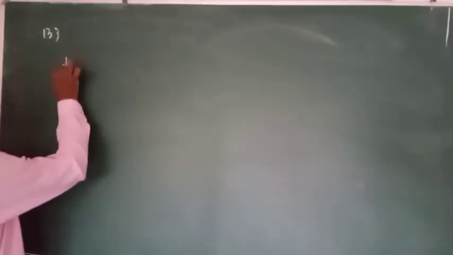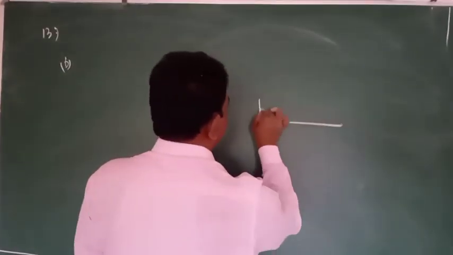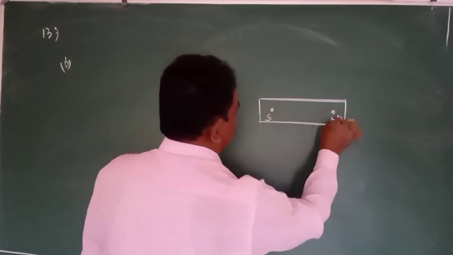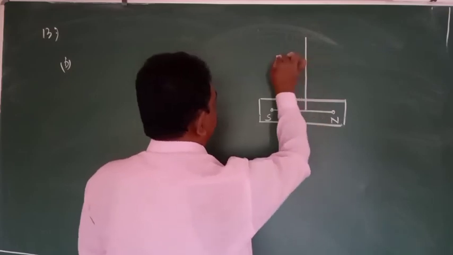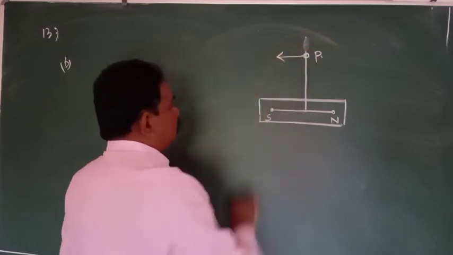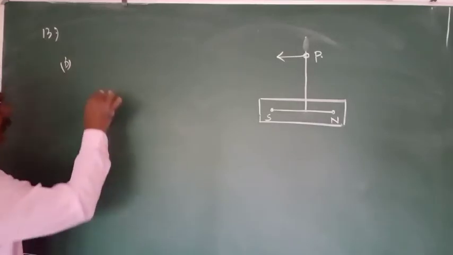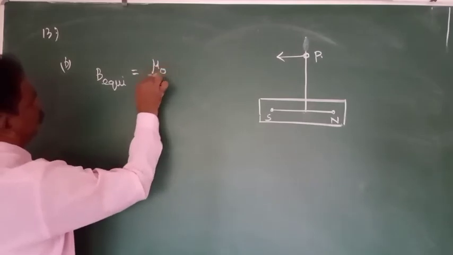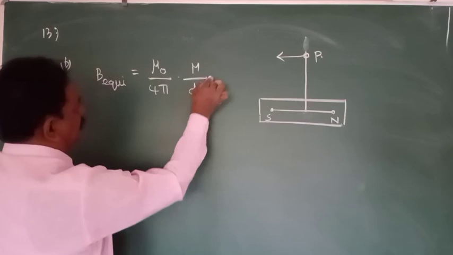So, this is the bar magnet. This is the south pole, this is the north pole. This will be called the equatorial line. On the equatorial line, we considered one point. There the magnetic induction direction will be like this. What is the formula for magnetic induction on the equatorial line? Mu naught by 4 pi, m by d cube.